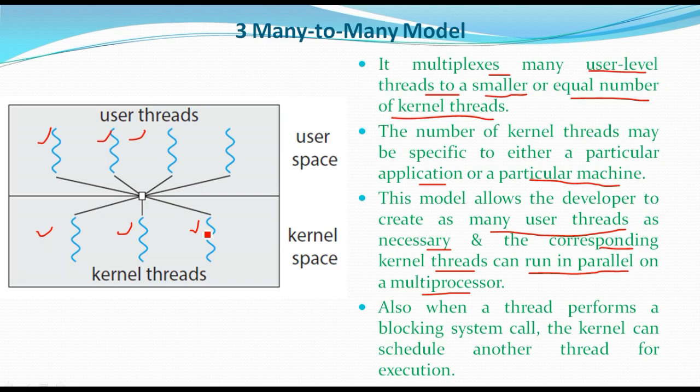So that is the benefit of the many-to-many model. Whatever disadvantages we had in the one-to-one model and the many-to-one model are eradicated. Even though one thread performs a blocking system call, the kernel can schedule another thread for execution.